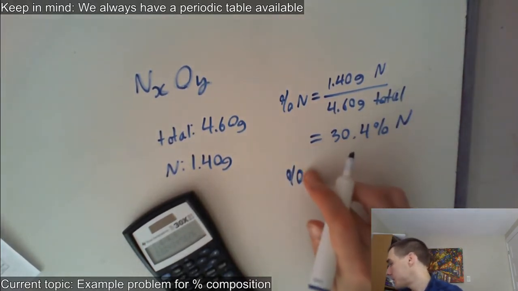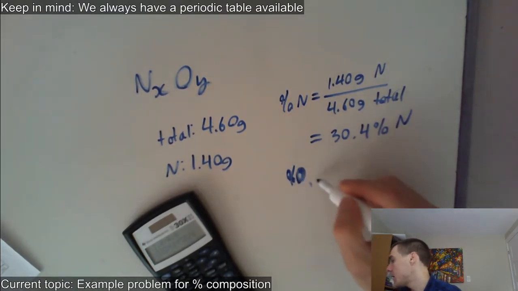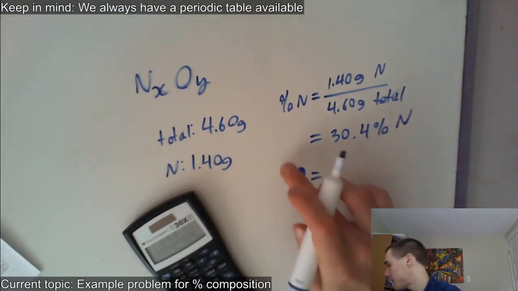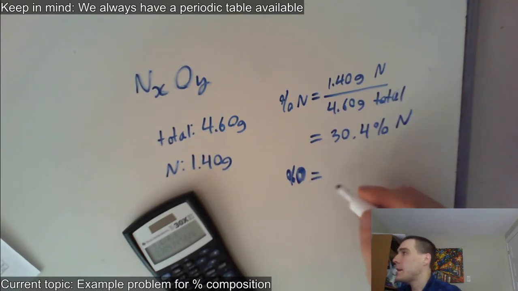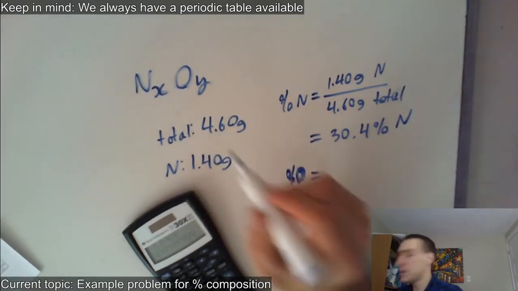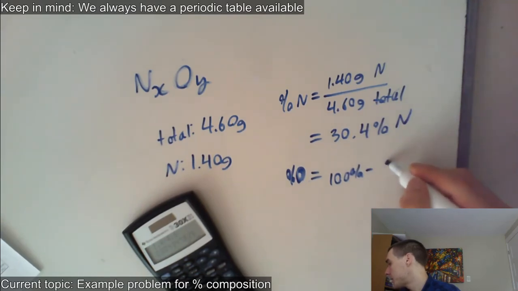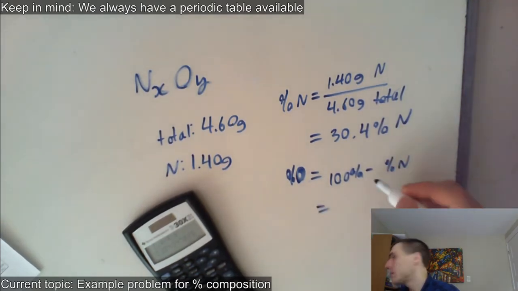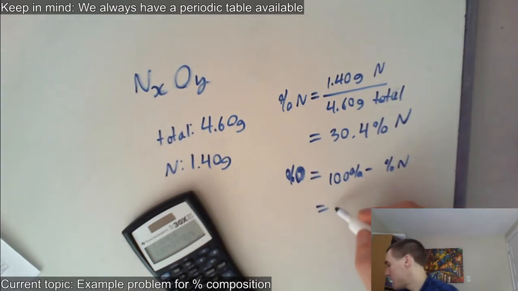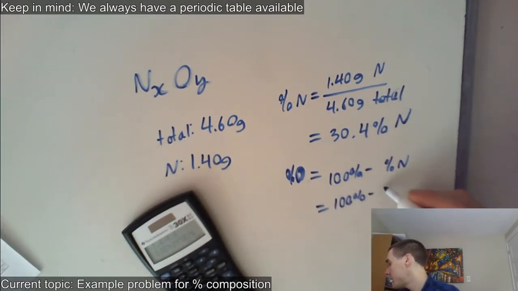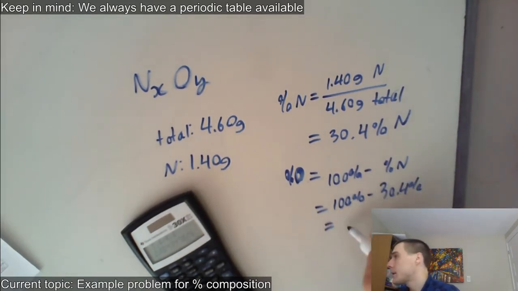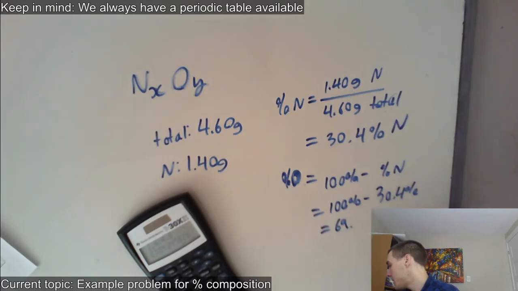Well, we have two options. Probably the easiest one, because we know it's all nitrogen and oxygen, is 100% minus the percent of the nitrogen. So it's 100% minus 30.4%, and we end up with 69.6% oxygen.